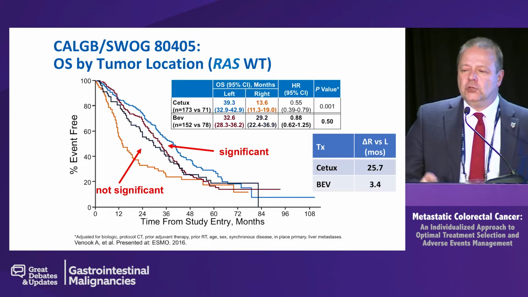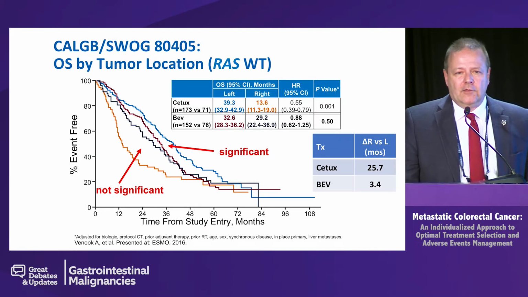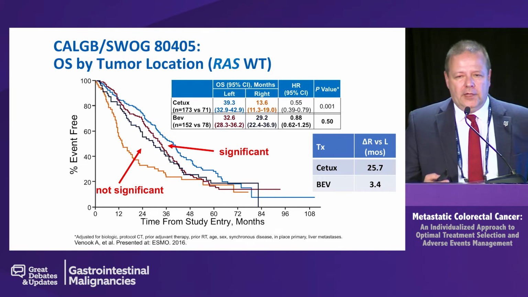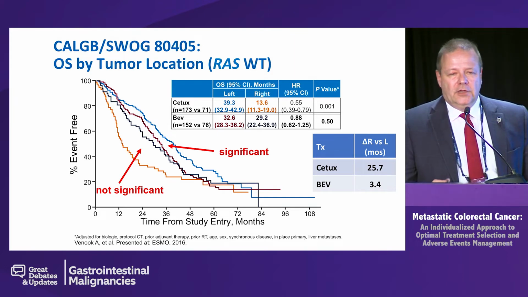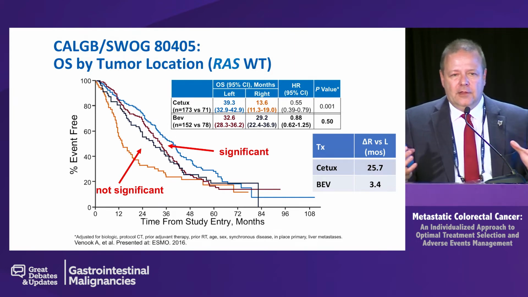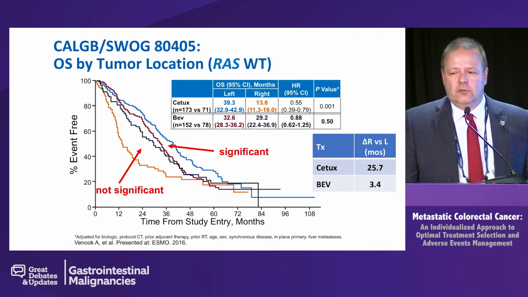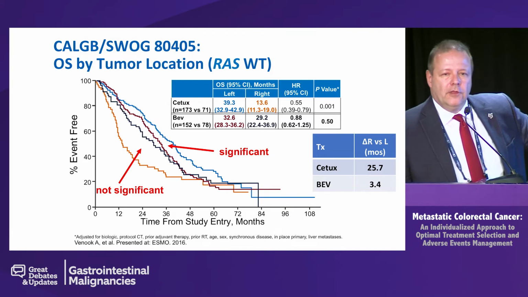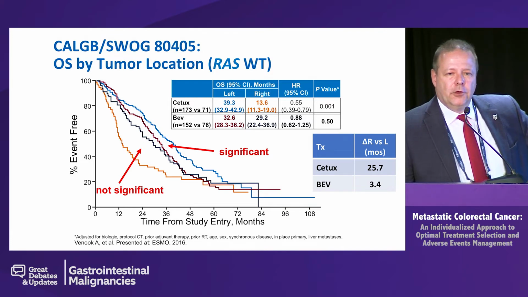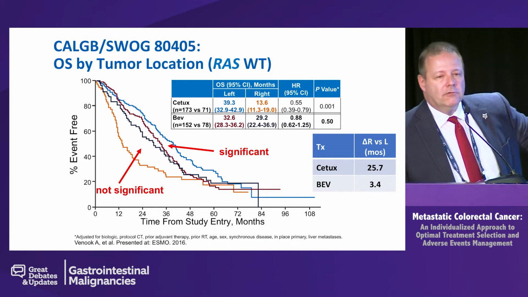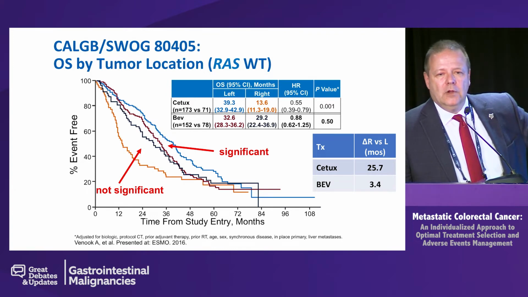And this has been shown also in the US study here, the CALGB/SWOG 80405 study, which looked at different tumor locations, right and left-sided, and compared bevacizumab to cetuximab. These are the curves for the cetuximab added to chemotherapy component. Orange, right-sided tumors, blue, left-sided tumors.